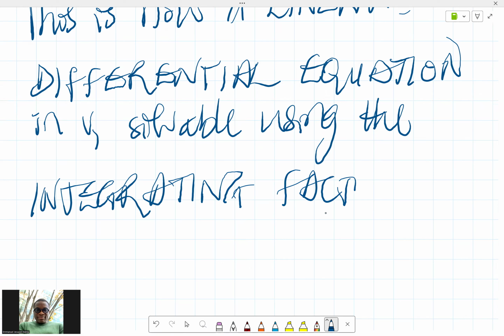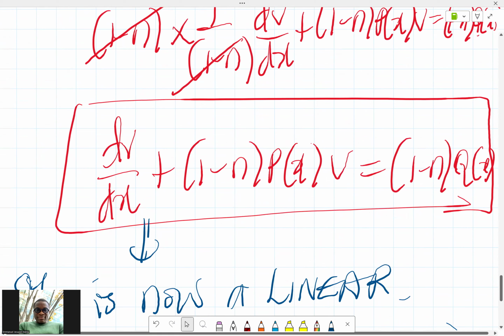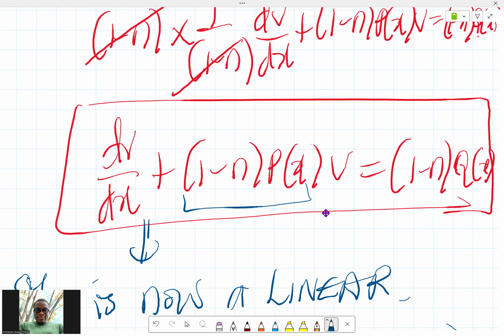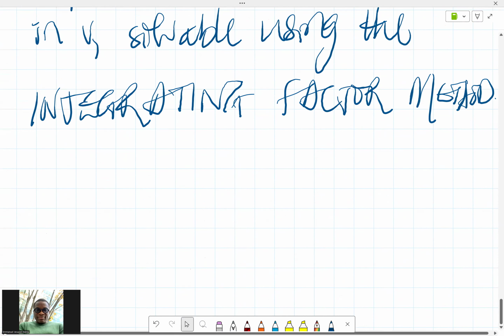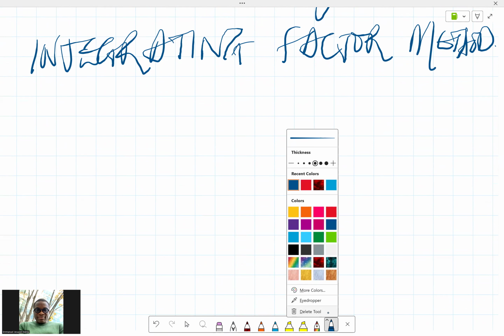Because if you look at it, this is like dv/dx, this whole thing is like your p of x, and this is like a q of x. Now that that is settled, can we check this out?